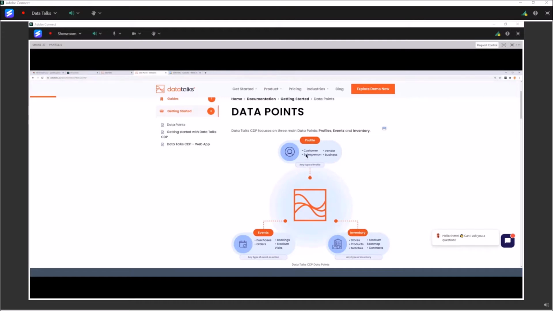So we have a customer, a salesperson, a vendor, or a business. It is up to you, and it's up to your business model and what is most important for you. What we need is just a unique identifier and a type of profile so that we can distinguish in case that you have more than one.